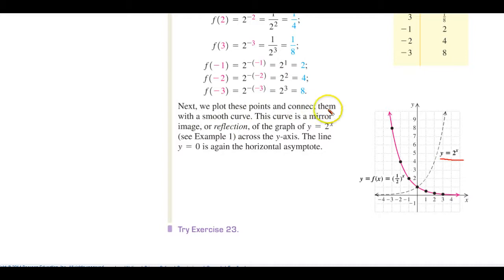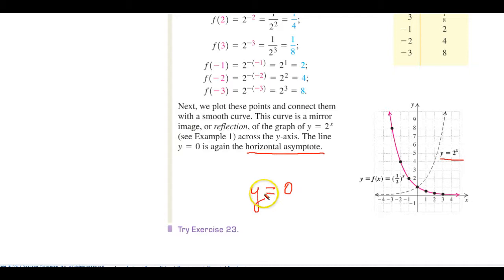Next, we plot these points and connect them with a smooth curve. This curve is a mirror image or reflection of this curve that we did in example 1 across the y-axis. Okay? Now, one thing we didn't mention, and I should have, is that we have a horizontal asymptote here, which is y equals 0.